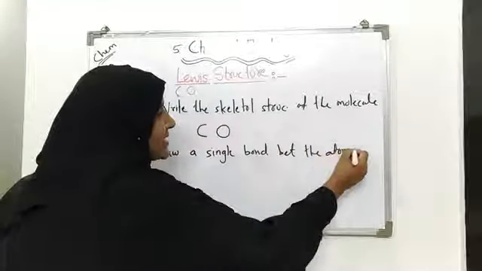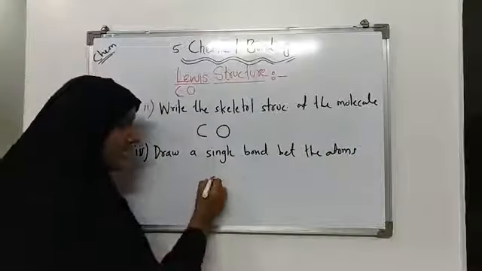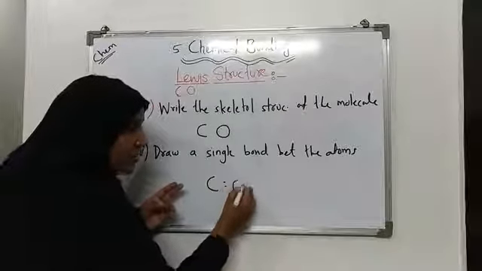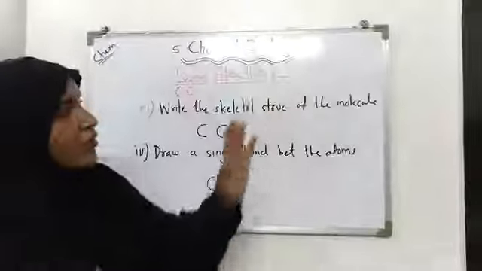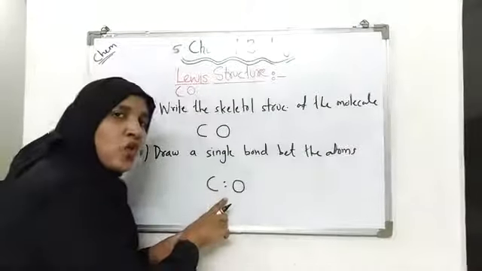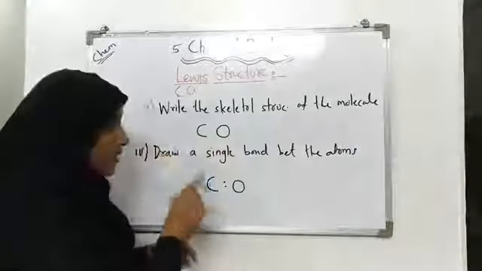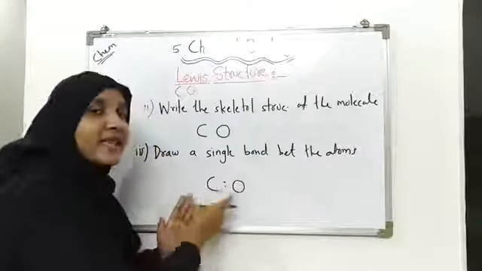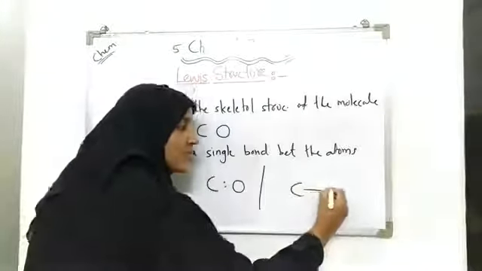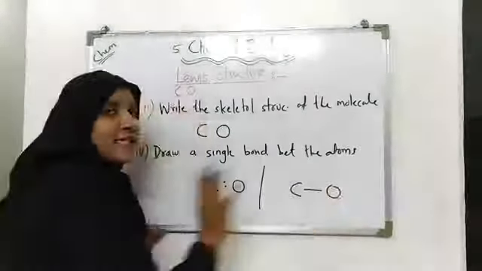It means we will share a pair of electrons between both the atoms. So out of 10 valence electrons, we have just now shown 2 electrons, and we are showing that they are bonded by a single bond. You can use this method as well as this method.